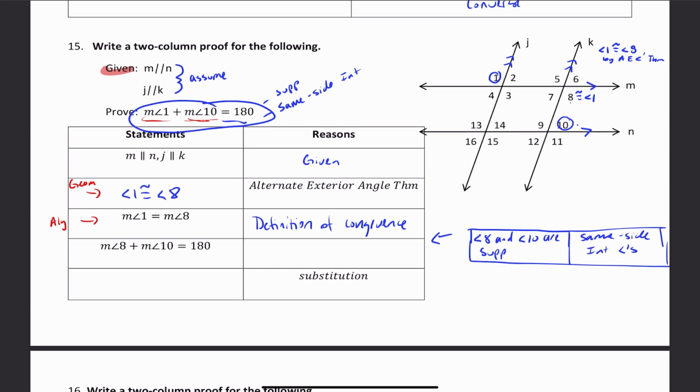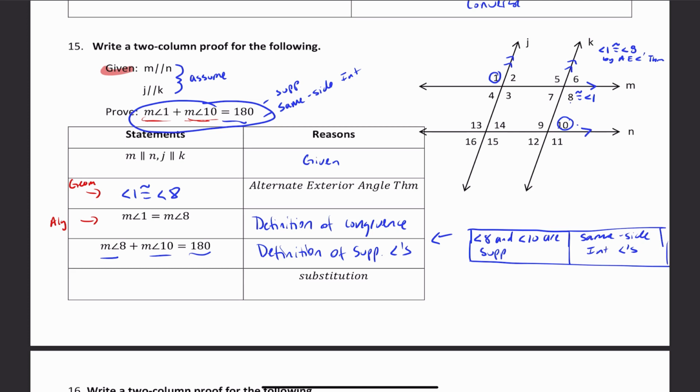So then when I jump into measure angle 8 plus measure angle 10 is equal to 180, this would actually be the definition of supplementary angles.